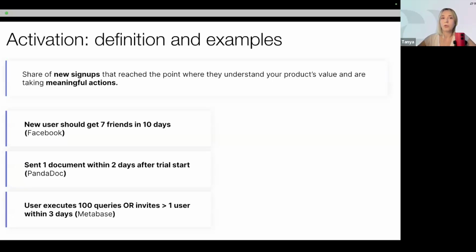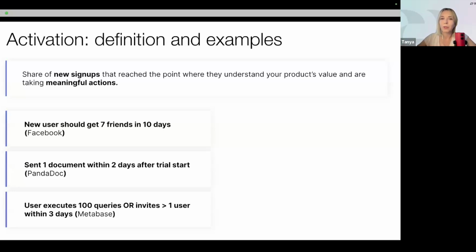Activation is a proxy metric for the new revenue, because it should reflect the share of new signups that reach the point where users understand your product's value and take some meaningful actions in the product. So it's a very nice proxy metric between the product team and the revenue, because it actually connects the two things.